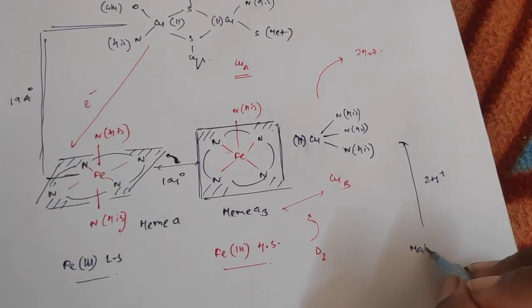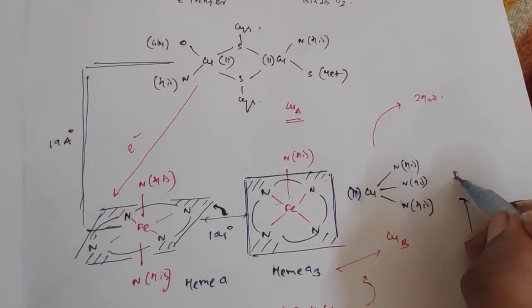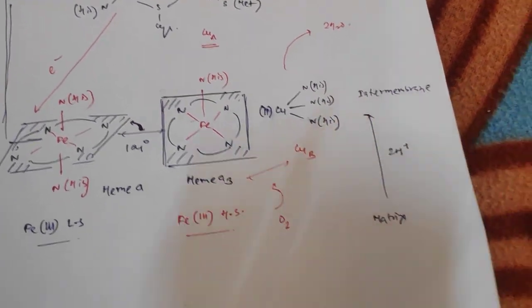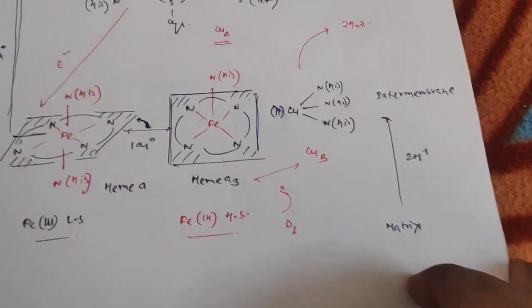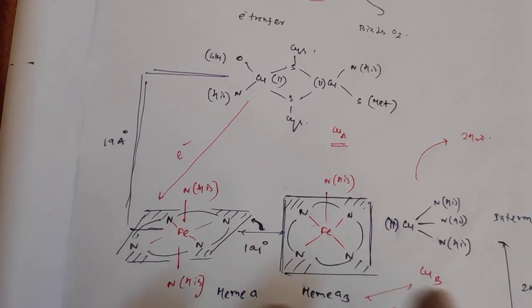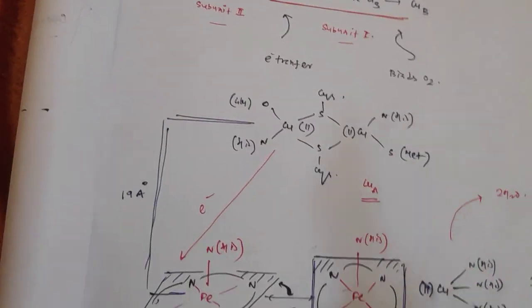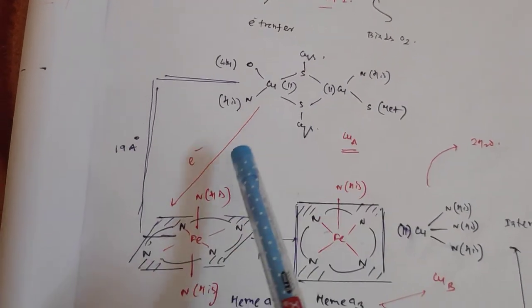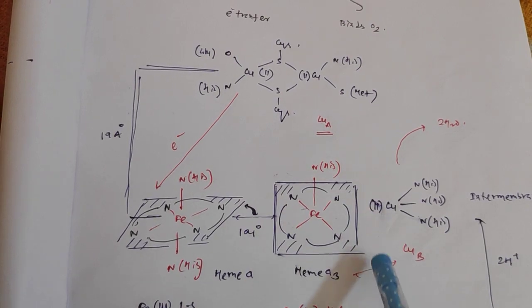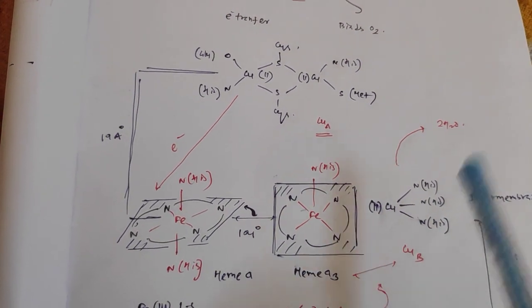So if it is matrix and this is intermembrane, then the mobilization of proton takes place during the course of the reaction. So this is a schematic diagram of where the copper A is transferring the electron to heme A, and which is eventually transferring the electron to heme A3 copper B center.